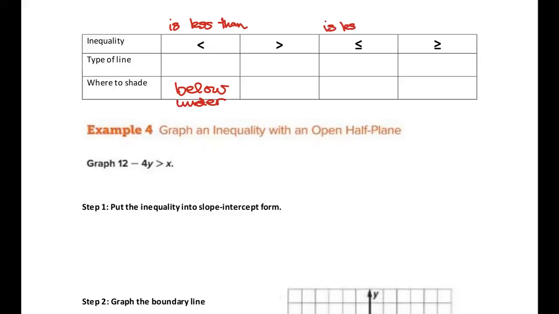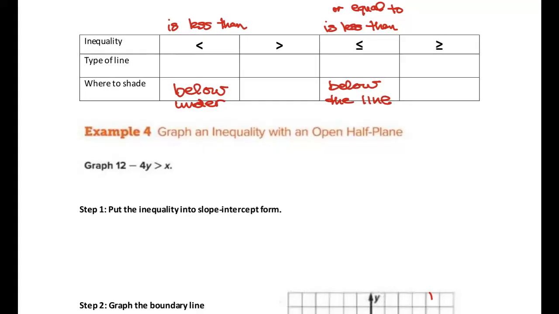Now I'm going to jump over here, and this one is less than or equal to. I should have written that up at the top. That also, because it's the is less than, you are going to shade below the line. Okay, keyword being below. Then we also have, in the middle of those, is greater than, and if it's greater, it's higher, it's up.